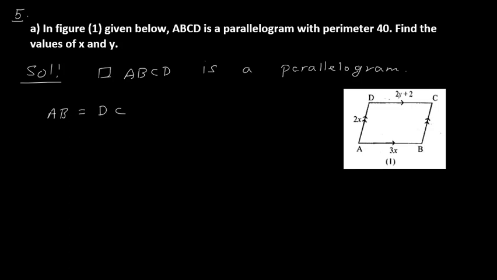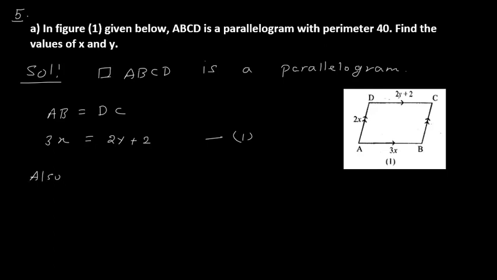The value of AB is 3x and the value of DC is 2y plus 2. Let us consider this as equation 1.